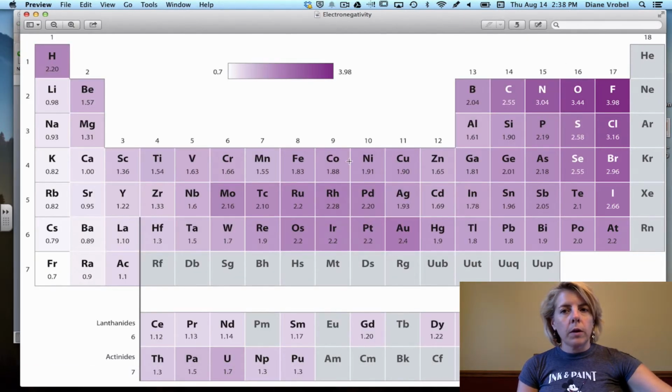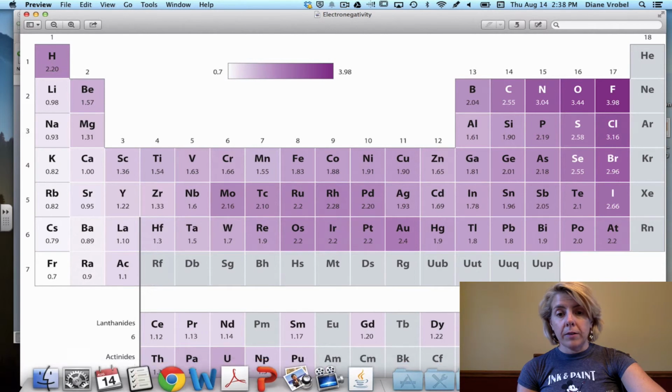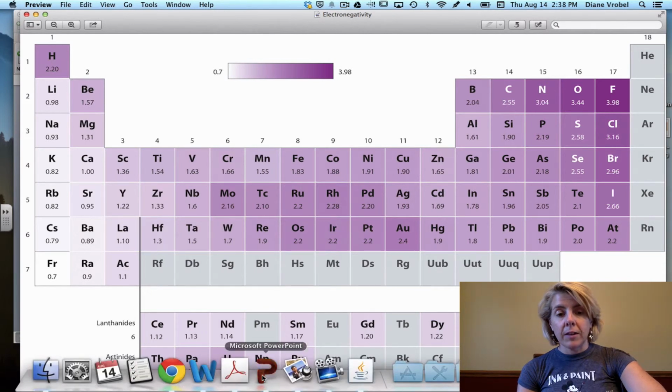Okay, so here we have hydrogen, and we have fluorine. So would you say that the electronegativity difference is high between the two of them? If you answered yes, you are correct.